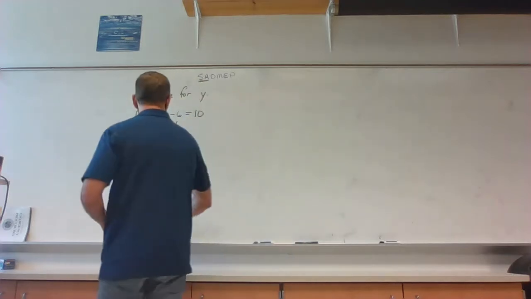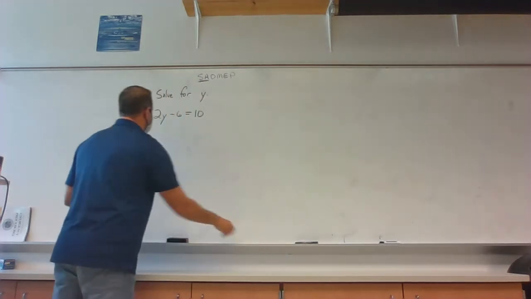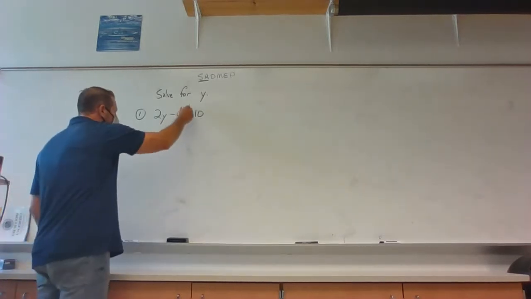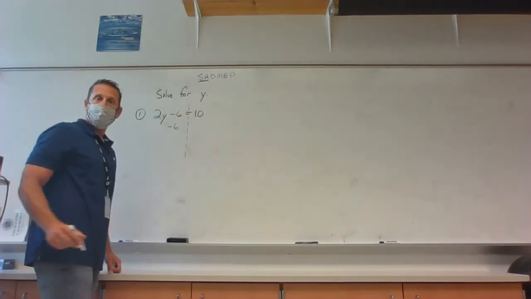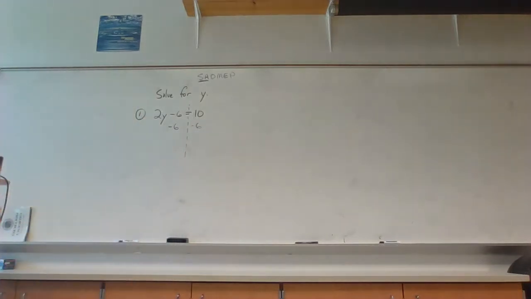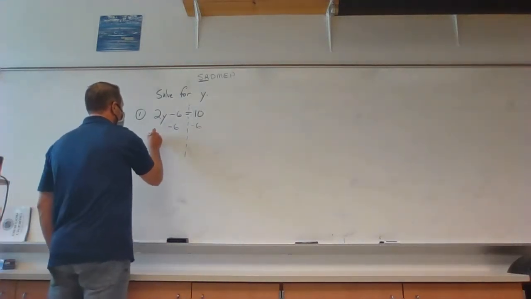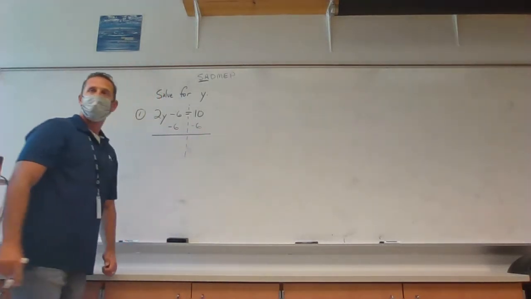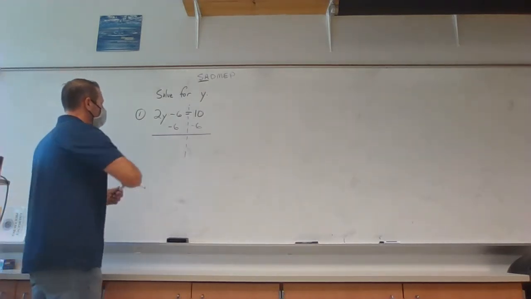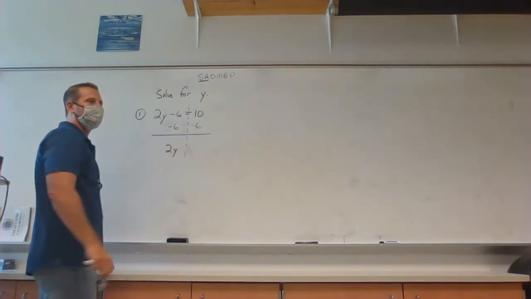Let's use a different color for my work. Now, in order to keep an equation balanced, whatever we do on one side of the equal sign, we also have to do on the other side of the equal sign. So we're adding 6 to both sides. On the left side, now we've got a 2y.